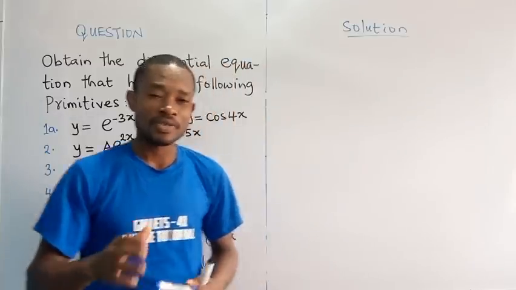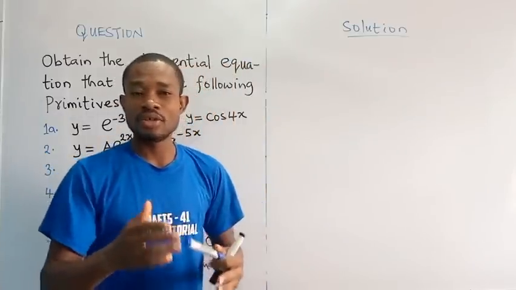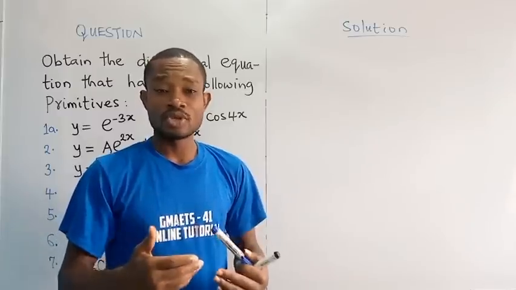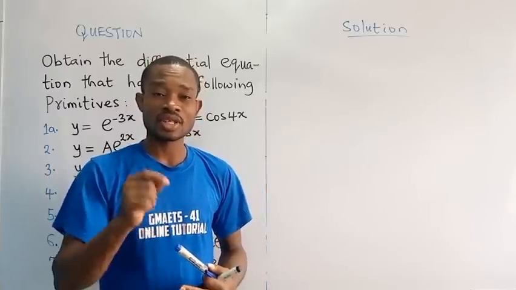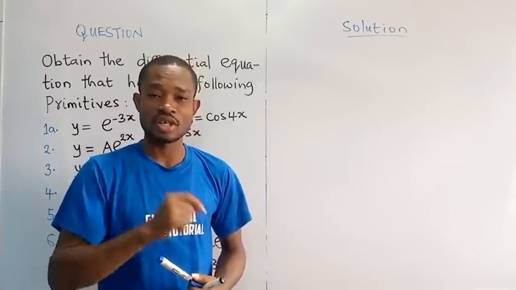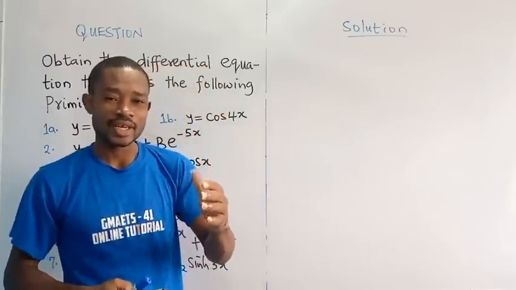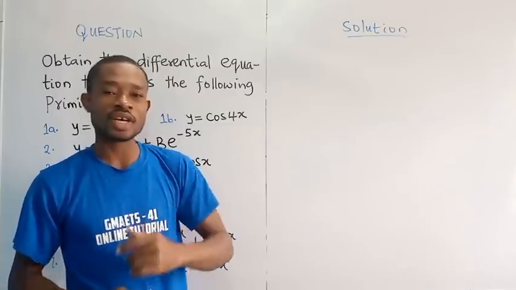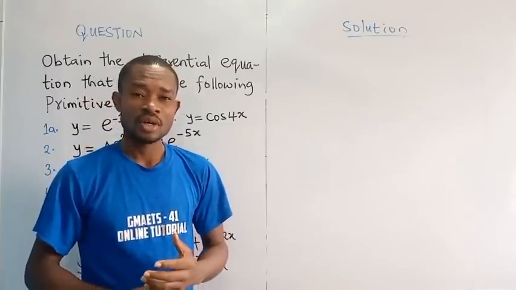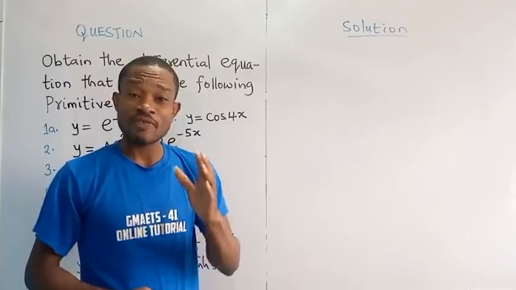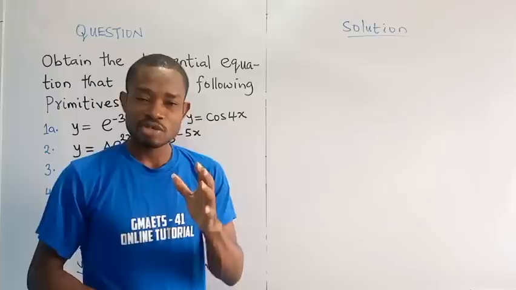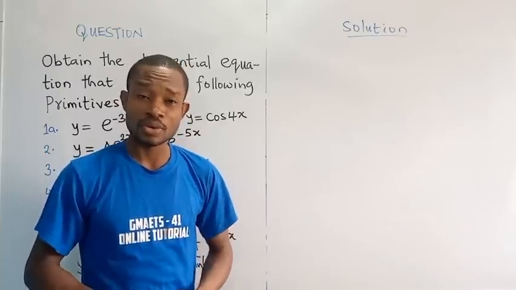You would recall in our previous class that I taught you how to obtain the general solution of second order ordinary differential equation. When we considered homogeneous SOODE, that is homogeneous second order ordinary differential equation, I explained that there are 5 solutions that a student is expected to know.